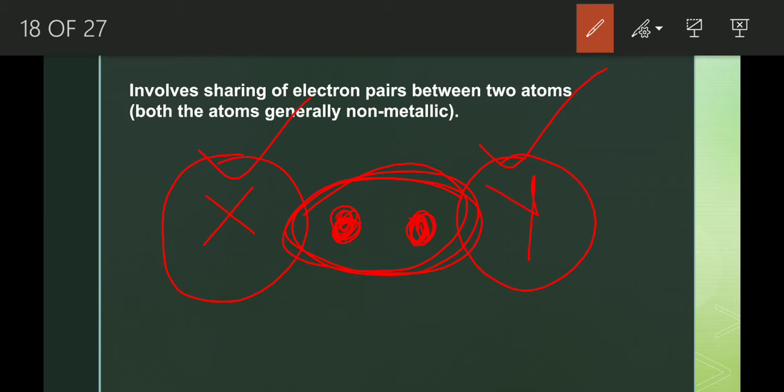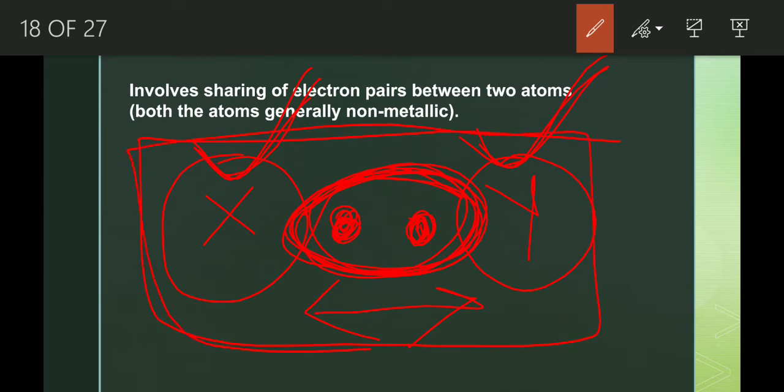This is an example I'm giving. In this way, X will attain a stable electronic configuration, and at the same time, Y will also attain a stable electronic configuration. So this sharing of electrons forms a bond between X and Y. This bond is known as a covalent bond, and the compound that has been formed is known as a covalent compound.